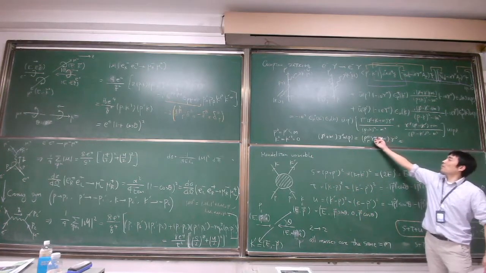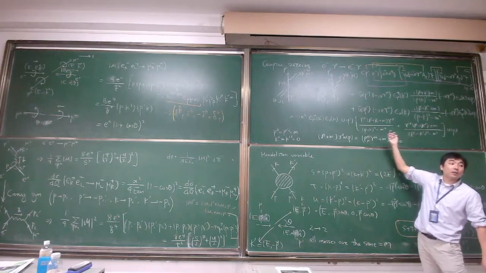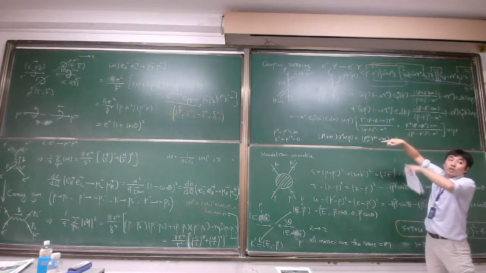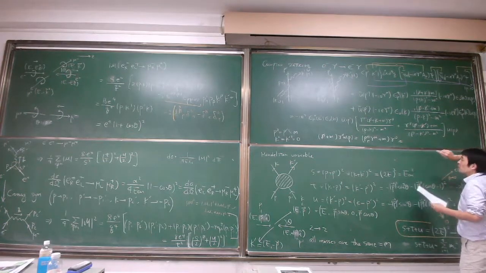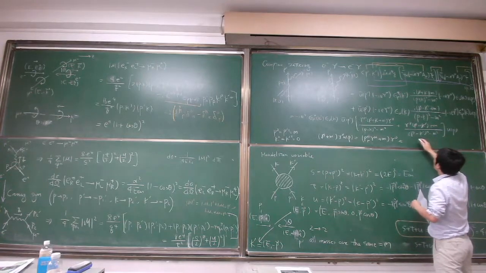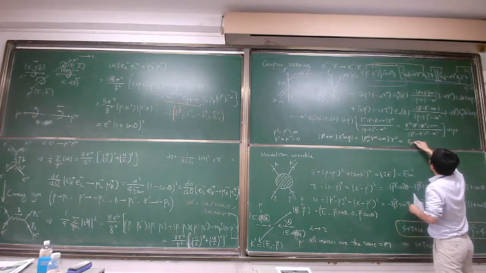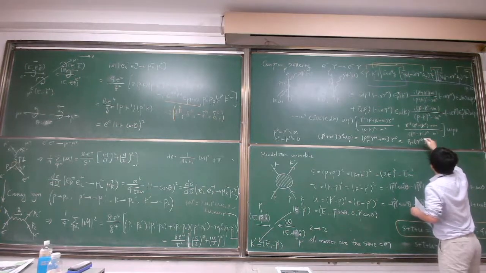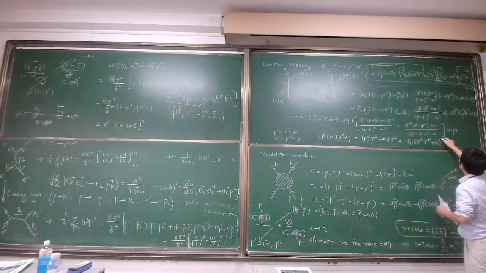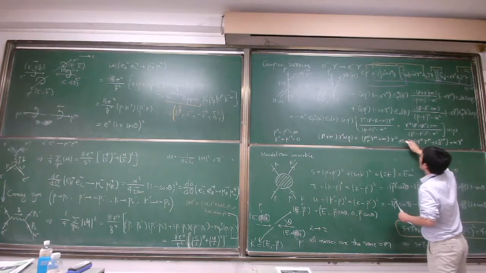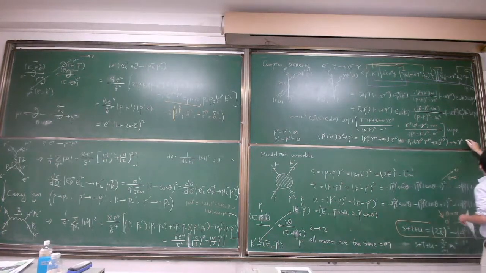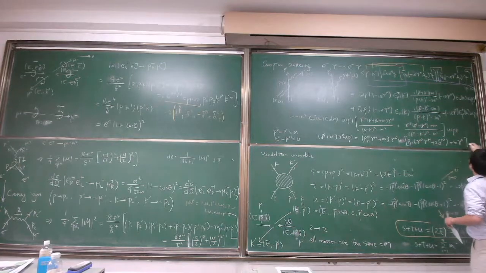If you swap gamma mu and gamma nu, you have to apply the Clifford algebra, and the Clifford algebra will tell you that this is equal to P mu times gamma mu gamma nu, minus sign, plus 2 times g mu nu, and plus M gamma nu, acting on u.